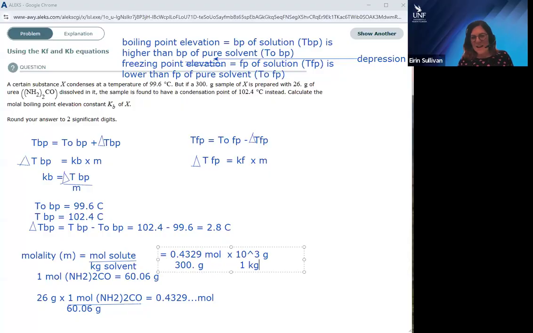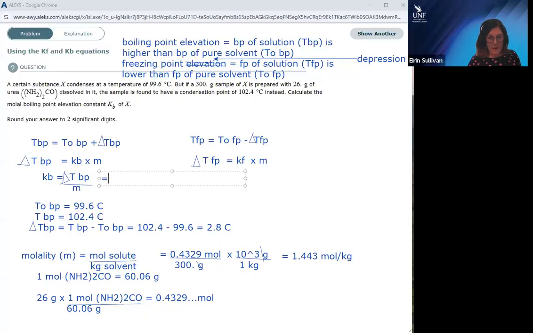So I can just add my unit conversion straight in there to save space. Let's just check. My gram should cancel out, and that should give me units of moles per kilogram, which is my definition of molality. And that should come out to be 1.443 moles per kilogram.